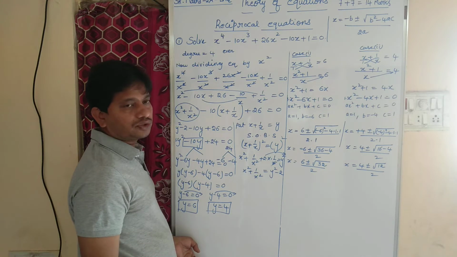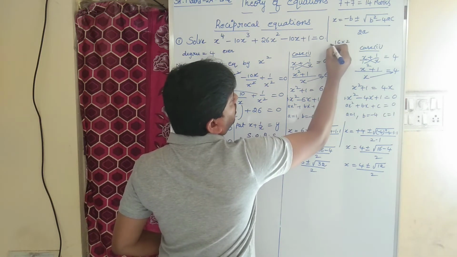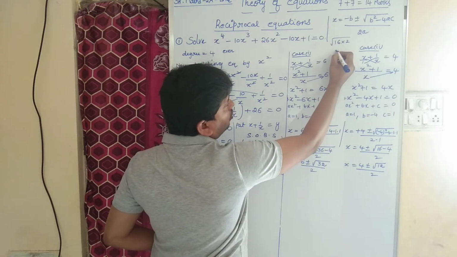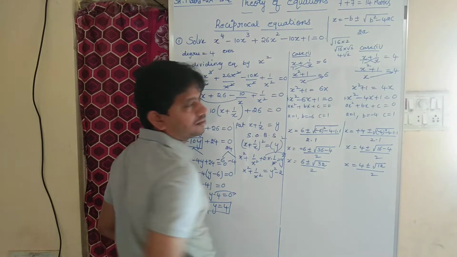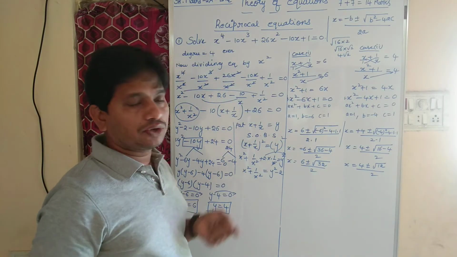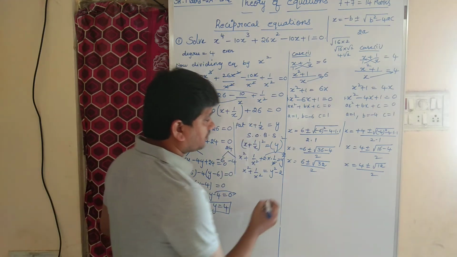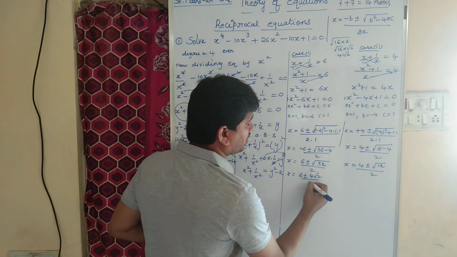How can I write root 32, children? 32 I can write as 16 into 2. Root 16 into root 2. Root 16 means 4, so root 32 is nothing but 4 root 2. So x equal to 6 plus or minus 4 root 2 by 2.